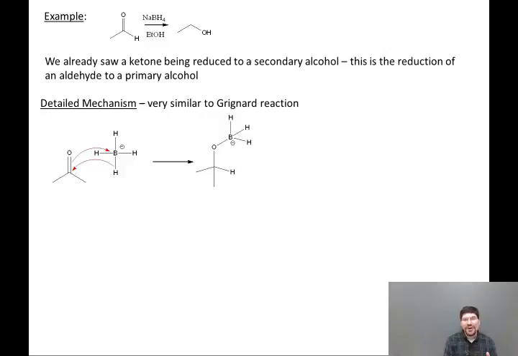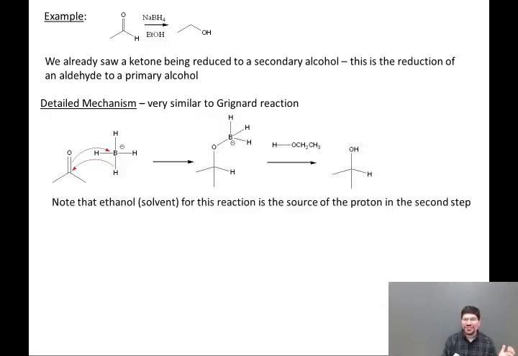So we've transferred our hydrogen to the carbonyl carbon, and we now have this BH3 group sitting on the oxygen. The only thing standing in between this intermediate and the final product is getting rid of the boron and replacing it with a hydrogen, and this hydrogen can come as H+.